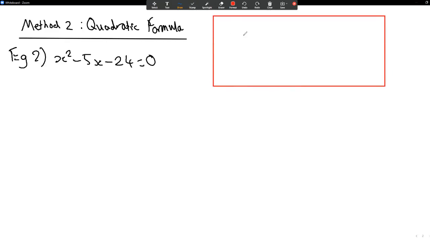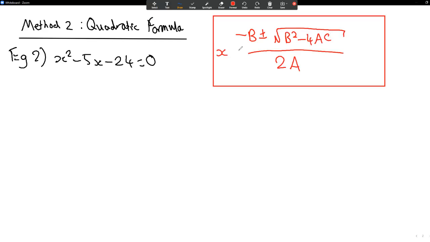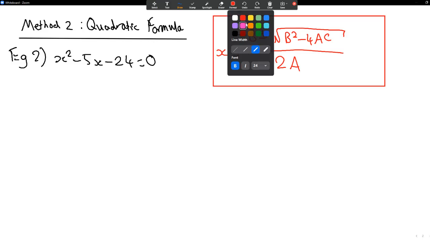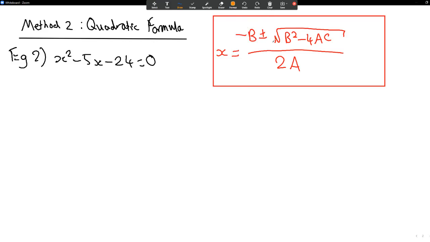And the quadratic formula is minus b plus or minus the square root of b squared minus 4ac over 2a. And that's what x equals. You might have seen this with lowercase. It doesn't matter, I'm just representing it in uppercase.